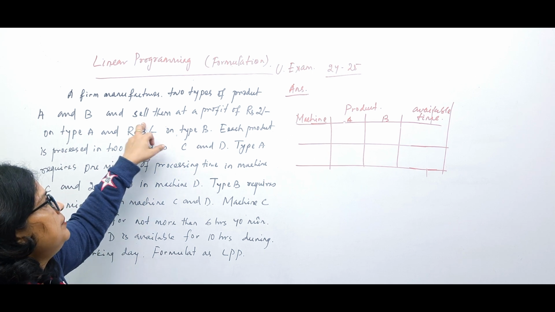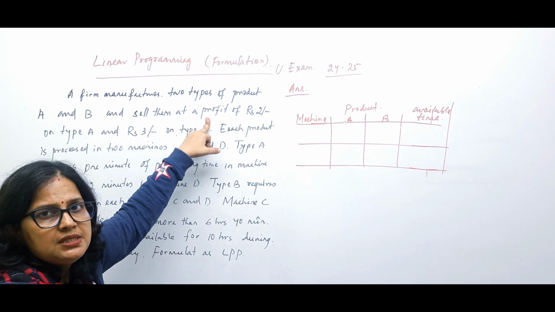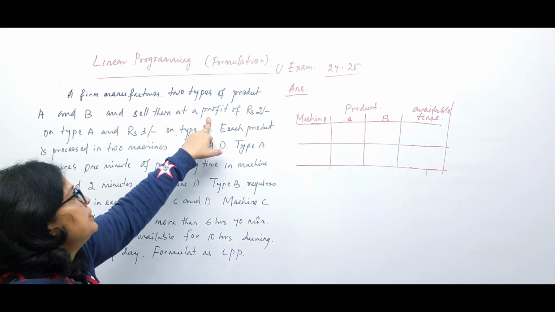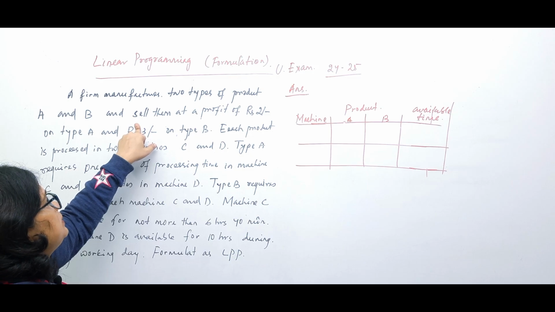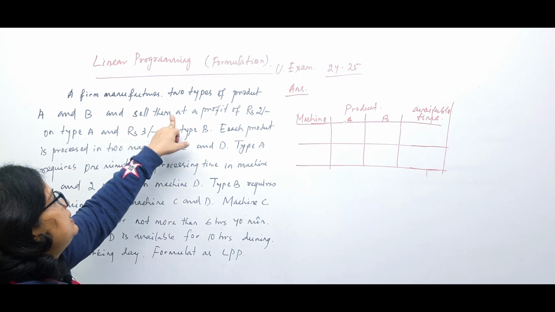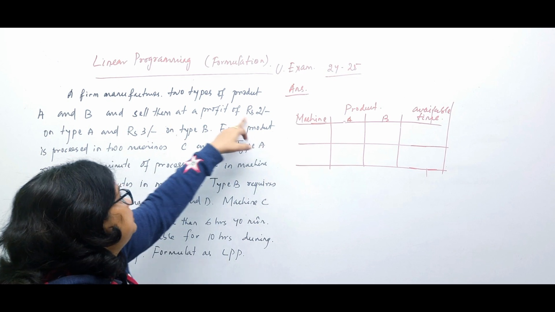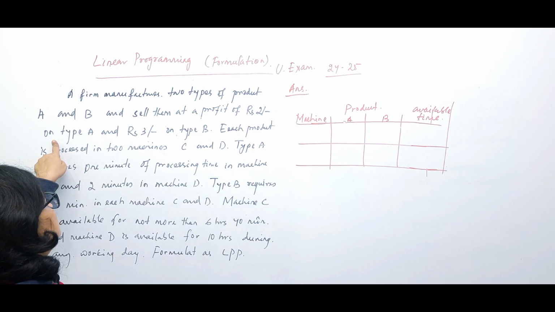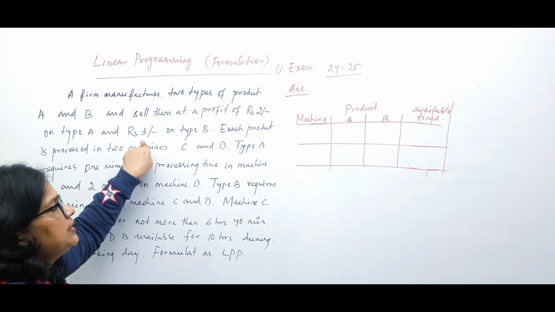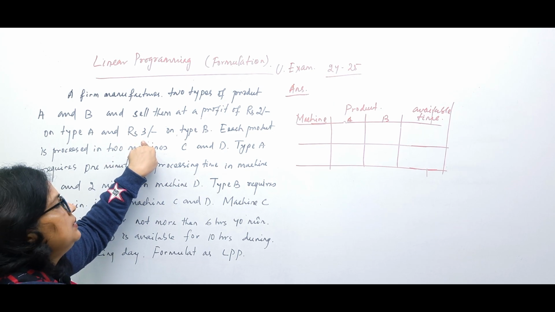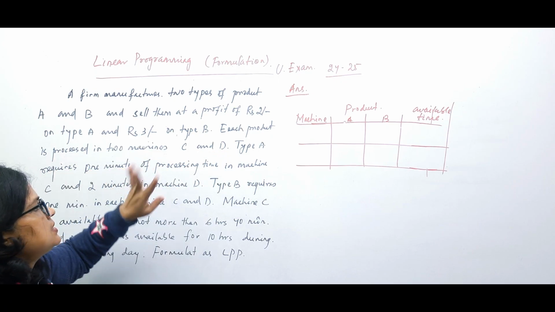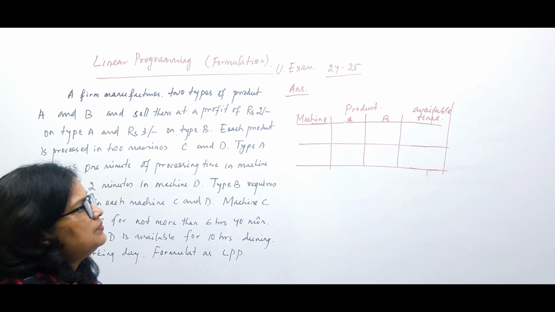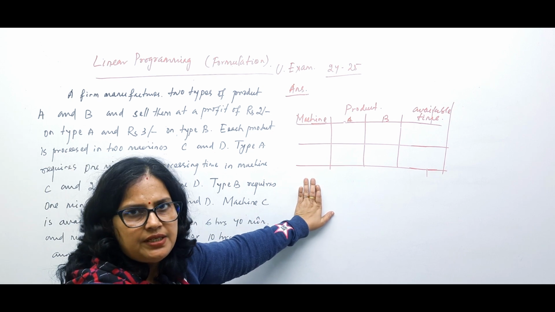Because this is a profit case, it is a maximization case. If we sell 1 unit of A, we make a profit of 2, and for product B we make a profit of 3. And each product is processed in 2 machines. So first we need to identify the decision variables.